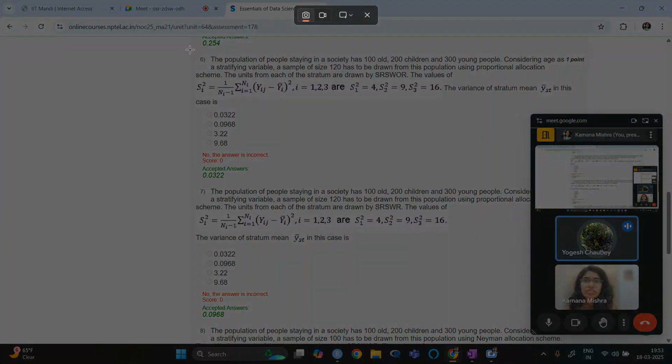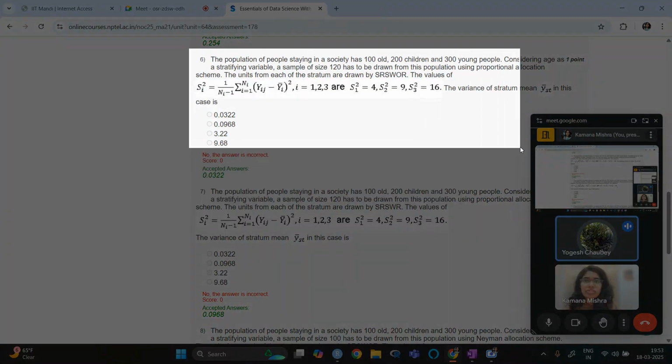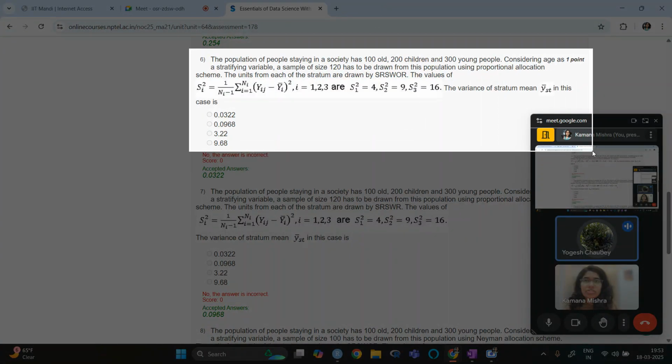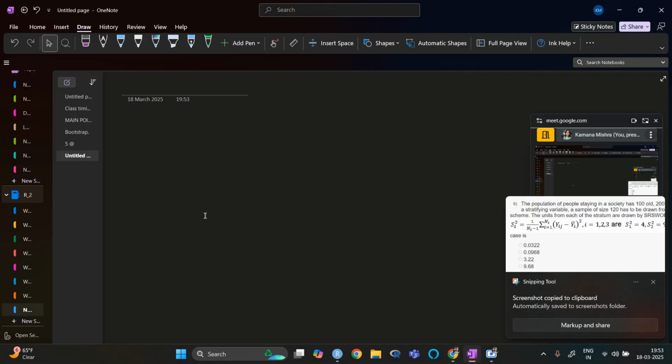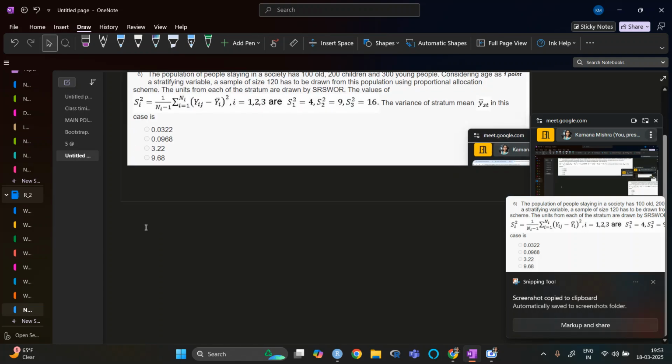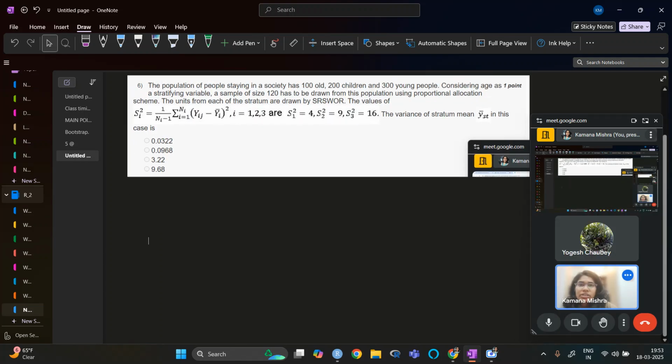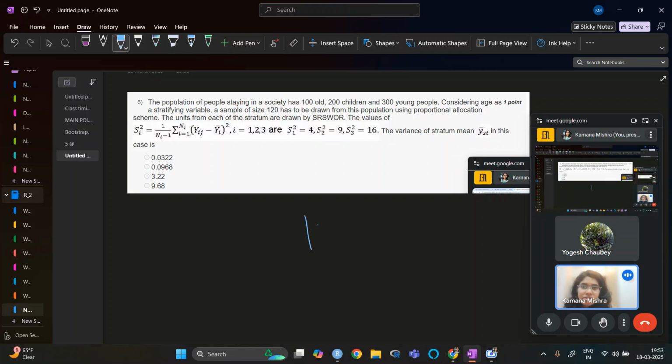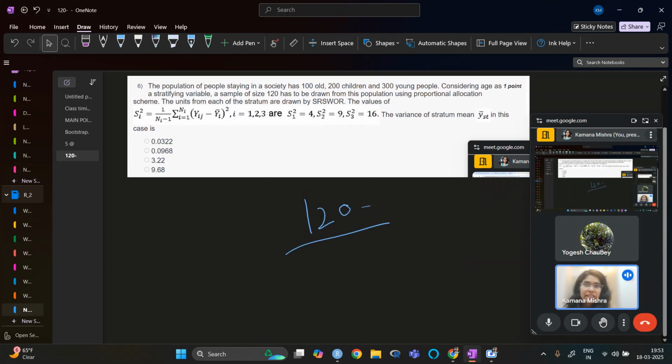It is the SRSWR method. The stratum variances were 4, 9, 16. The sample is 120, done with the help of proportional allocation.